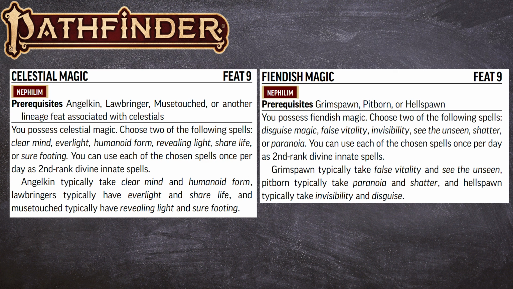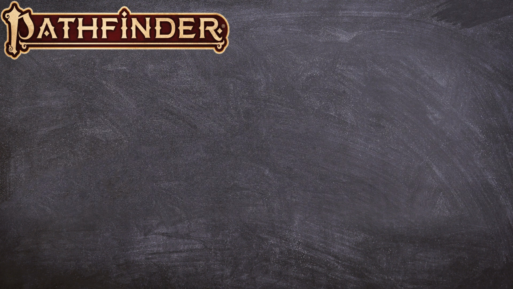So, for example, angelic magic is normally humanoid form and remove fear. Archon magic is continual flame and shield order. Azata magic is glitter dust and remove paralysis, and then Daemon magic is hell knell or death knell and false life. Demon magic is paranoia and shatter, and devil magic is invisibility and misdirection. But you can mix and match as you see fit, which I think is cool.